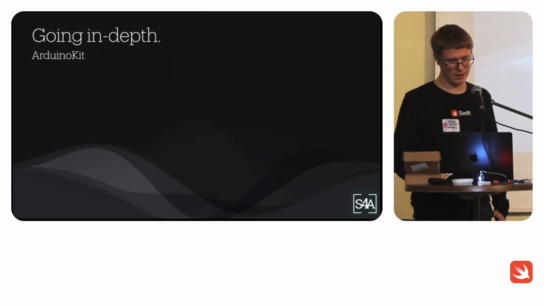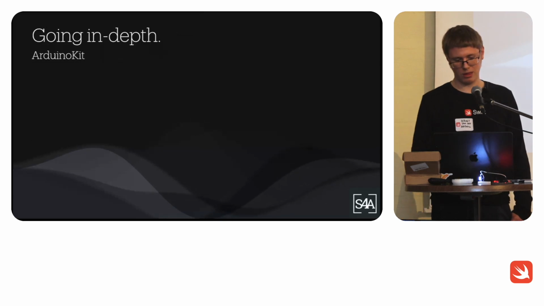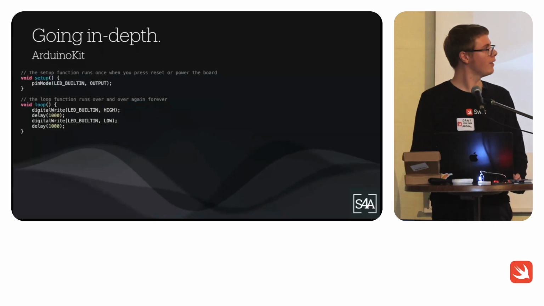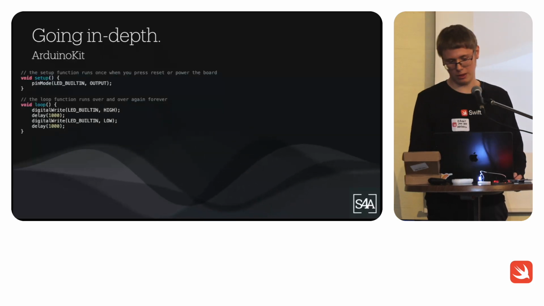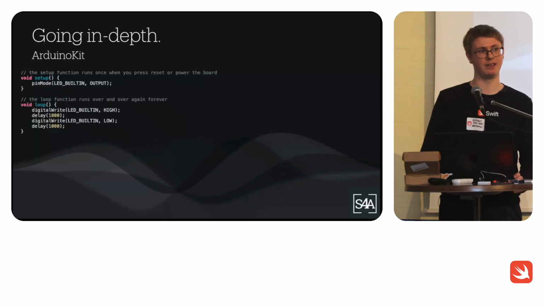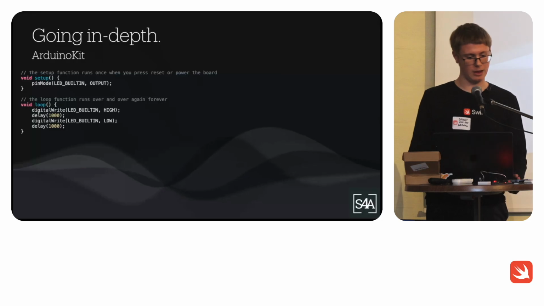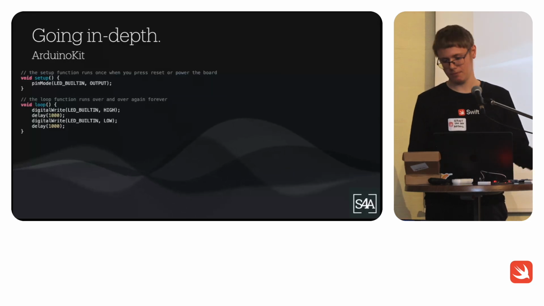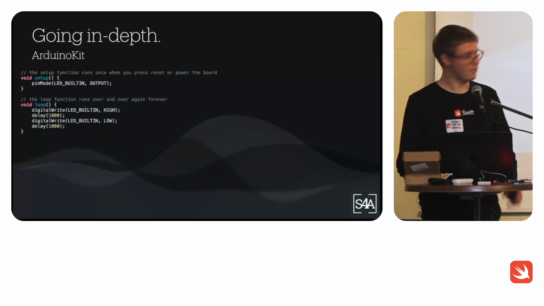If you go a bit more in depth into ArduinoKit, this is an Arduino Core Blinky. So it's basically the first thing you do if you get an Arduino and open up the Arduino IDE. This is what you see. It does its thing. It's stupid simple, and I like it. But we can do better.